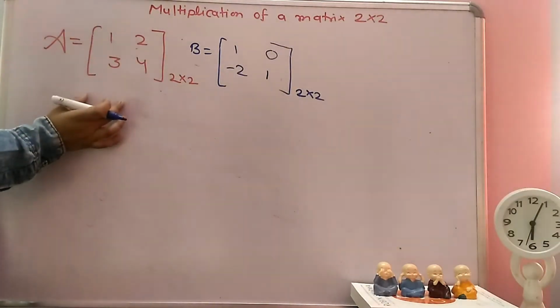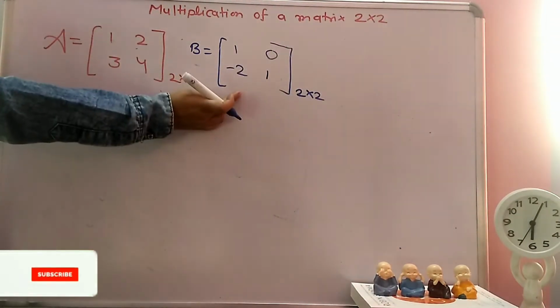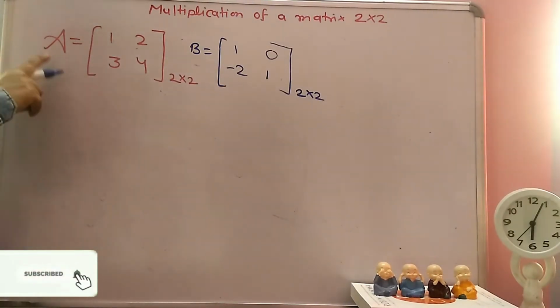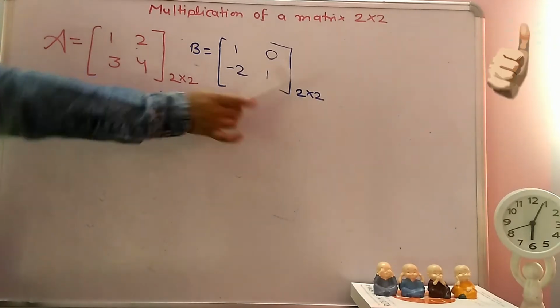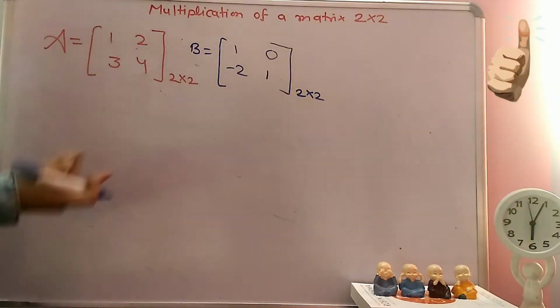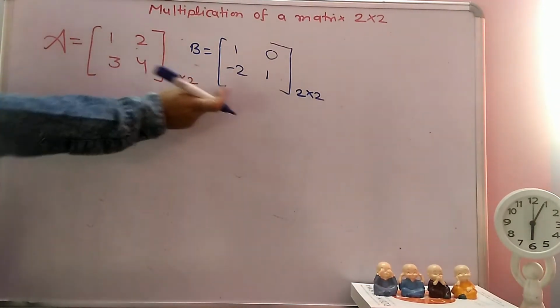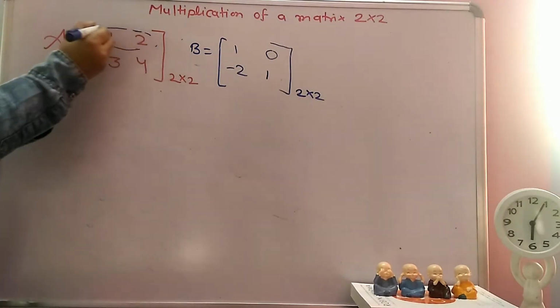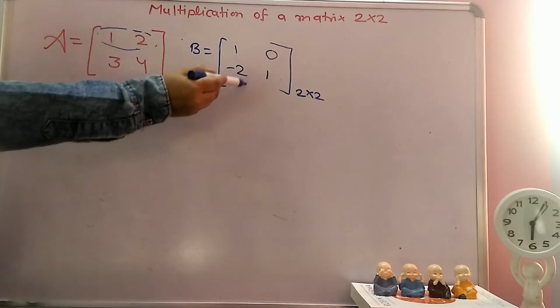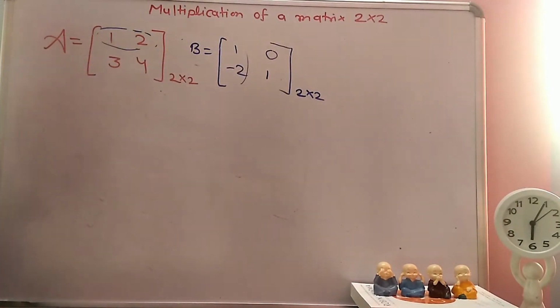Students, now we multiply the matrix A and the matrix B. The matrix A is 2 cross 2 and the matrix B is 2 cross 2. So students, how do we multiply these two matrices? First, we take the first row of this matrix and the first column of this matrix. Okay.